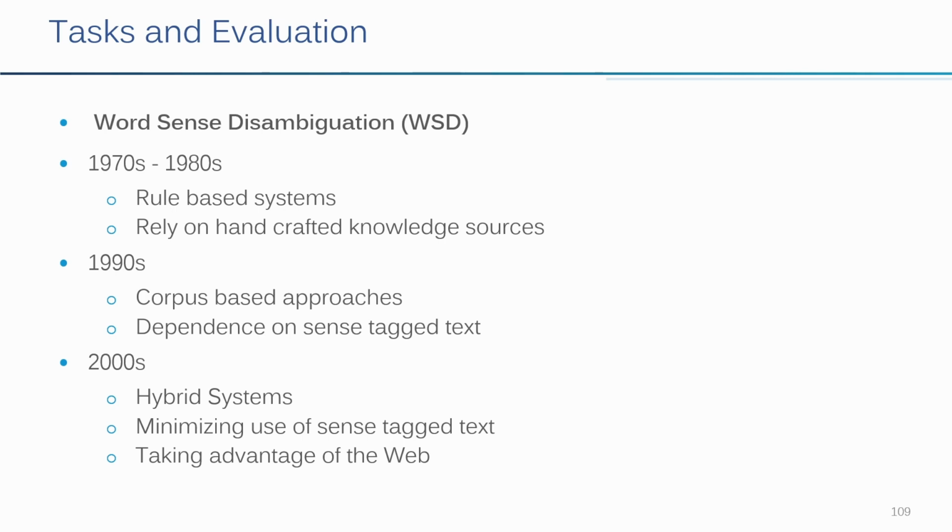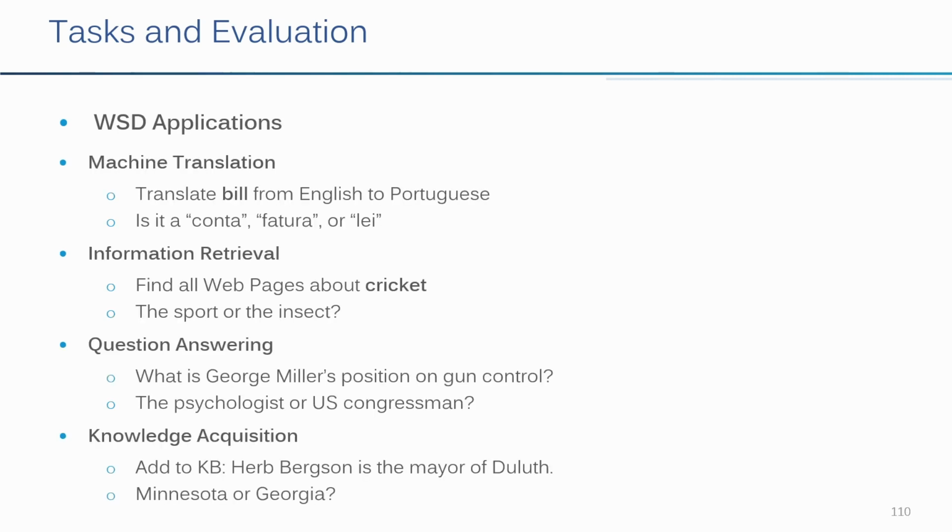During the 90s, they relied on annotated text, and most recently, starting in 2000, they use hybrid systems, and they don't rely that much on tagged words. Although word sense disambiguation is a fundamental task and seems quite theoretical, you can expand it to other domains the same way as document classification.